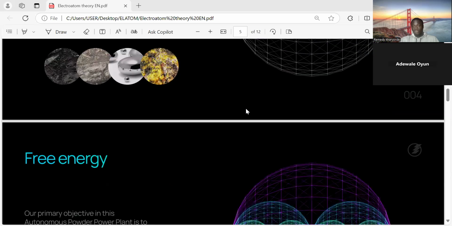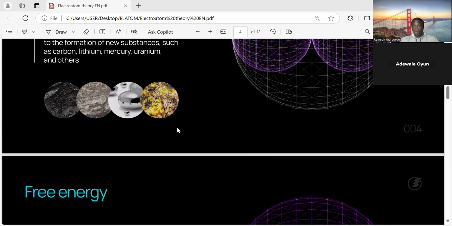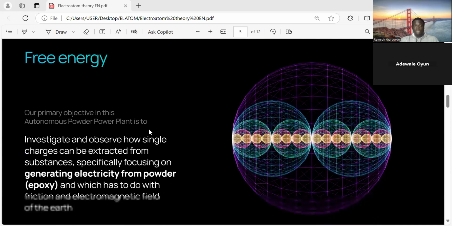So you have free electricity in your house, in your household, in your establishments, in your factory for 6 to 8 months non-stop. And this cannot be possible without talking about friction and the electromagnetic field of the earth, because that's what we are using for the generation of the electricity.